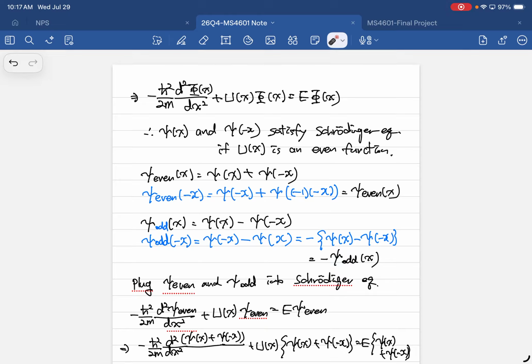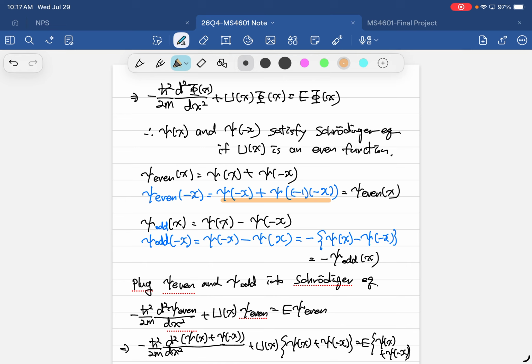So if you look at this part, what is this? This is psi negative x plus psi positive x, right? Which is just the starting point. So what that means is that psi even of negative x just gives you psi even of x, right?